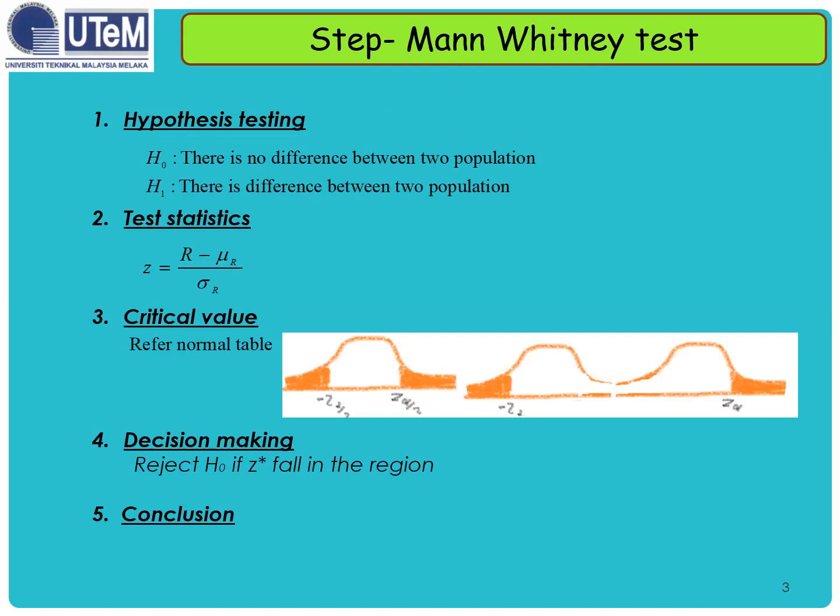So these are the steps to perform the Mann-Whitney test. First, state the hypotheses: the null is no difference, and the alternative is a difference between the two populations. Second step is the test statistic. We use the normal distribution, so you refer to the Z table.